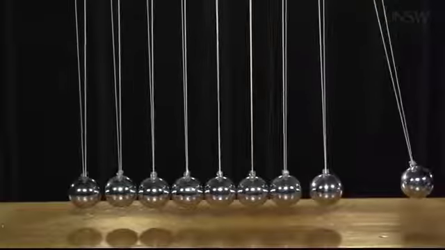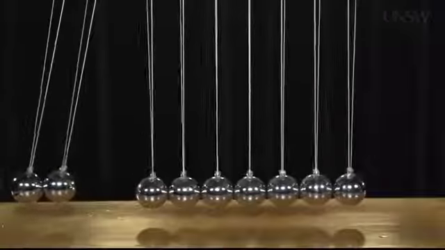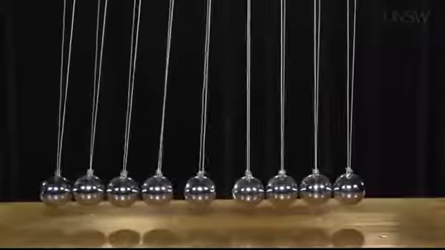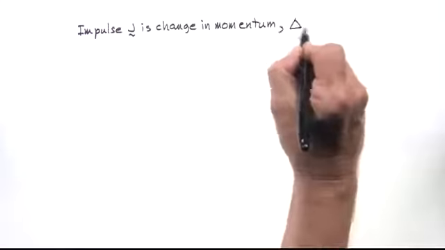We use momentum to analyse collisions. In these multiple collisions, momentum is transferred from the ball at one end to that at the other. The change in momentum transferred during an interaction is called the impulse.